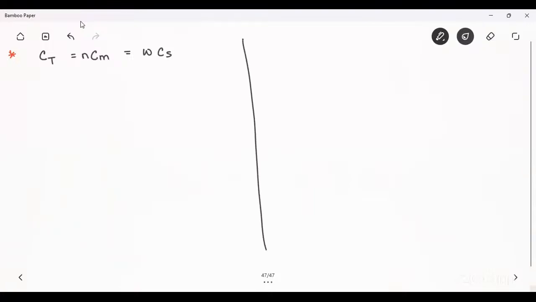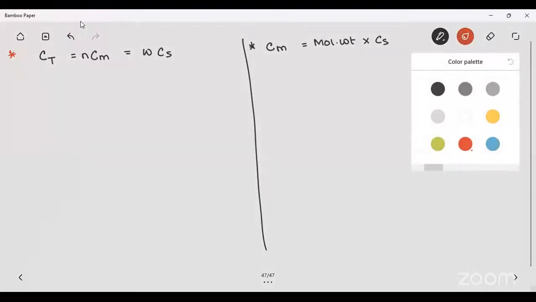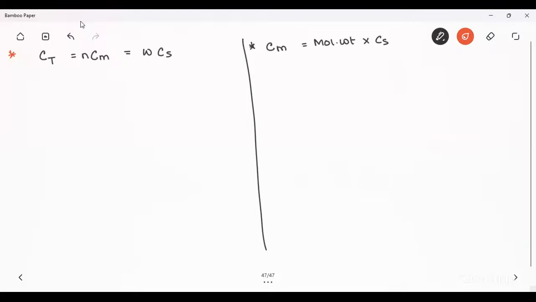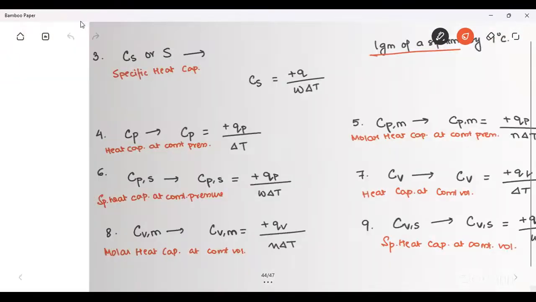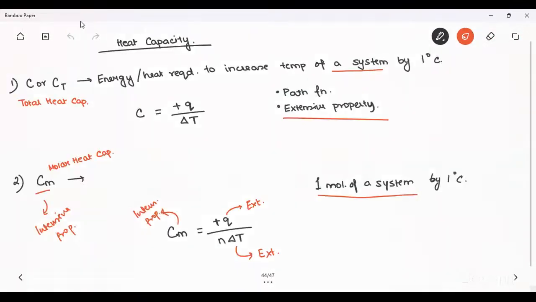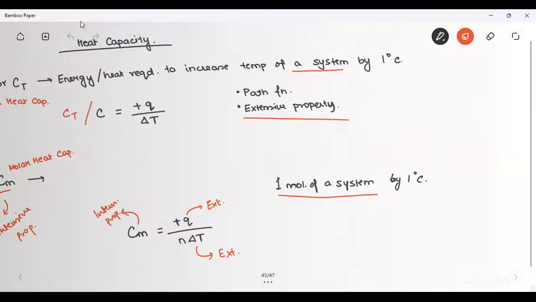And another equation is CM is equal to molecular weight into CS. These are the formulas you have to remember. I am deriving it. What is CT? CT is the total heat capacity, Q by delta T.